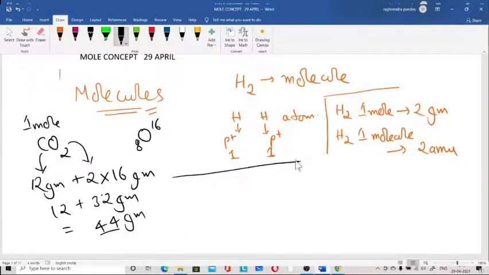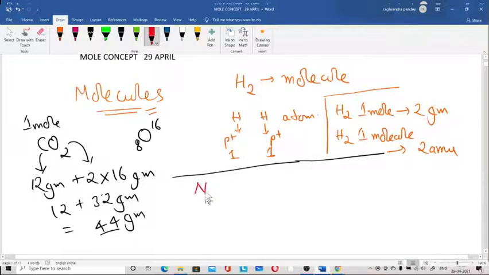Again, if I take some more molecules, let's say ammonia. Now nitrogen, I told you yesterday, is 14. Hydrogen is 1 because there is one proton only, no neutron.